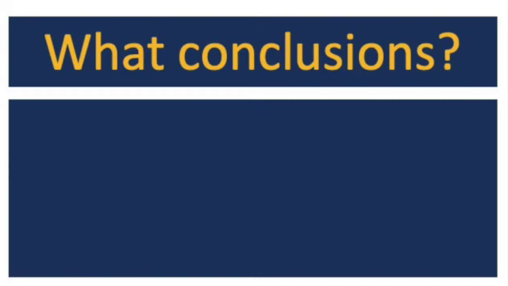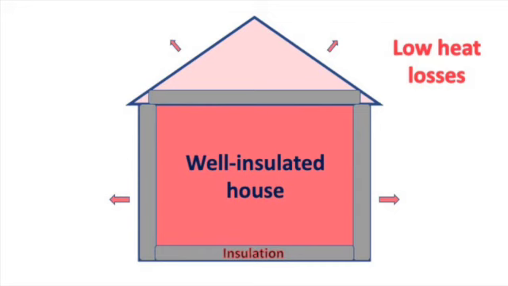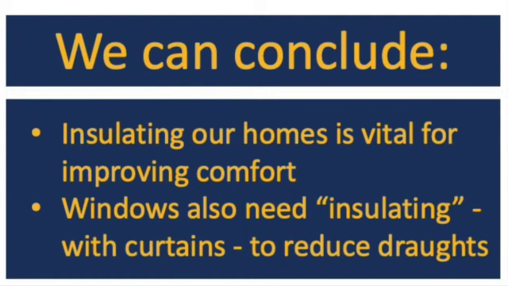So, what have we been able to conclude? Well, we've been able to conclude a couple of really important points. Firstly, we've shown that insulating a home is vital for helping to prevent heat loss and is also essential for improving comfort. And then critically, we've observed how large gaps like patio doors in the insulation layer are likely to cause very noticeable heat losses.